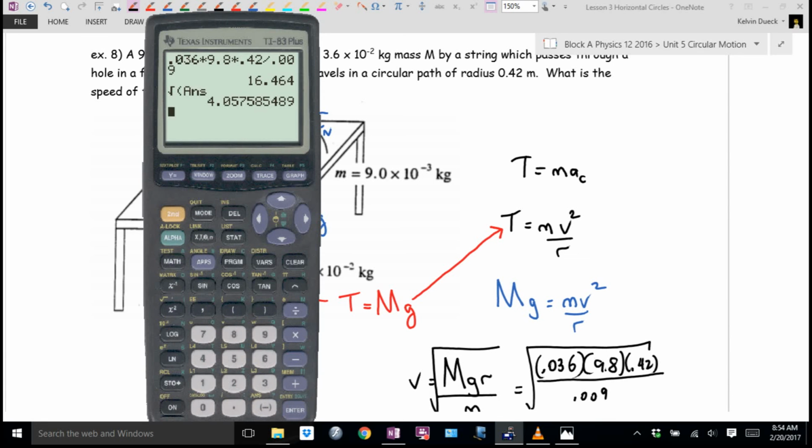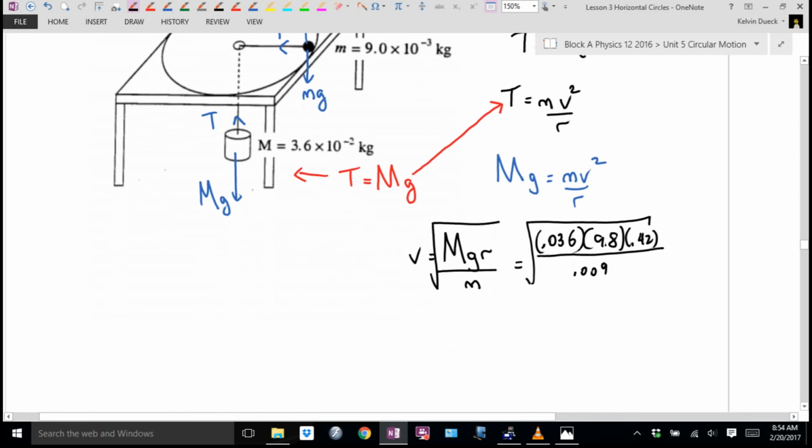And I get, do you get 4.06? Am I wrong? I'm good? Units, it's speed. Meters per second.